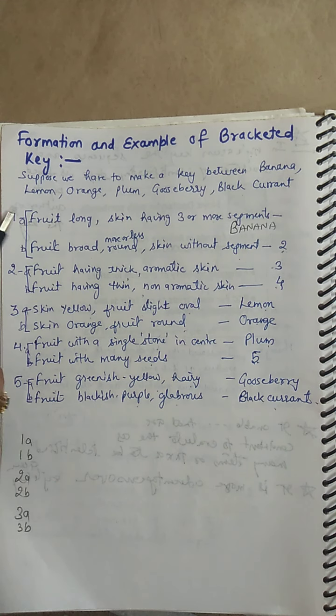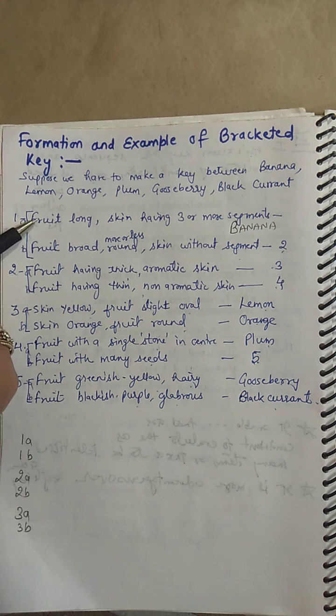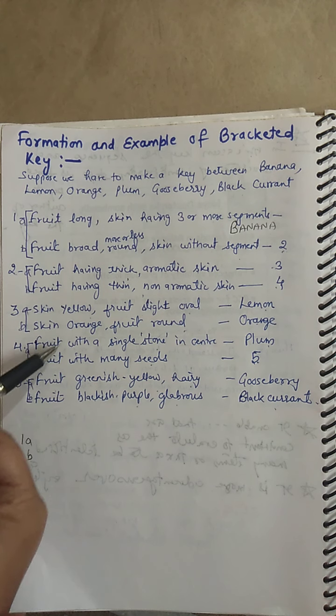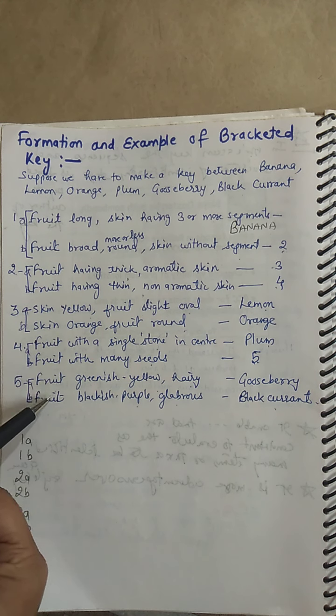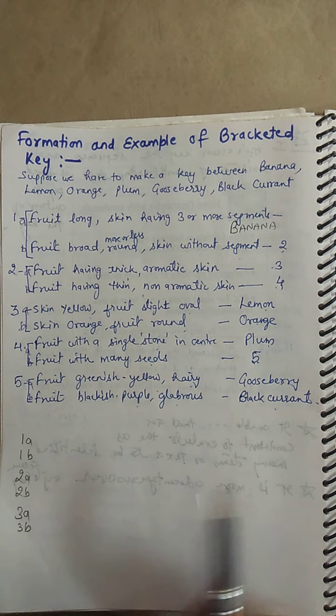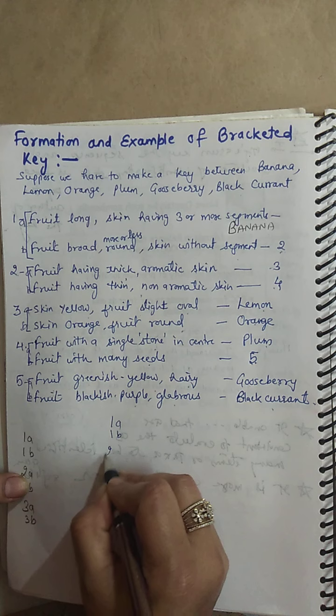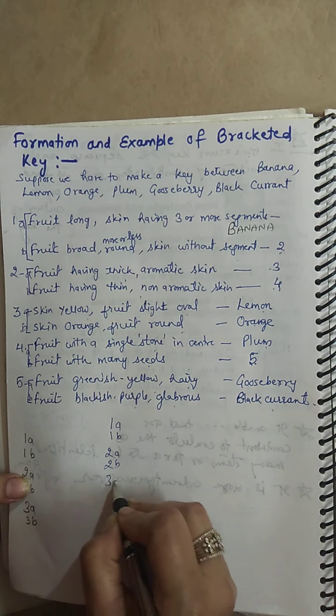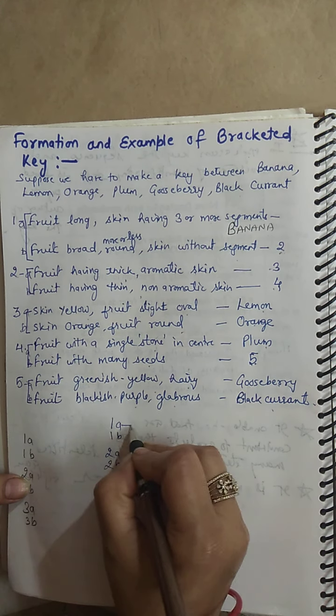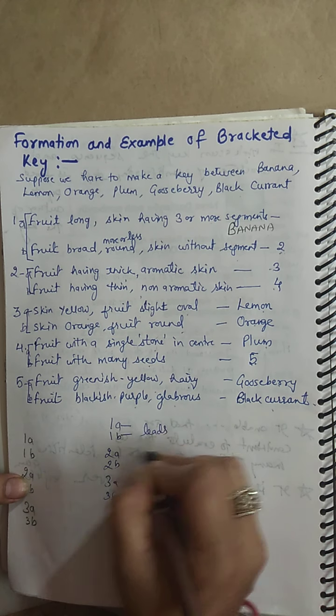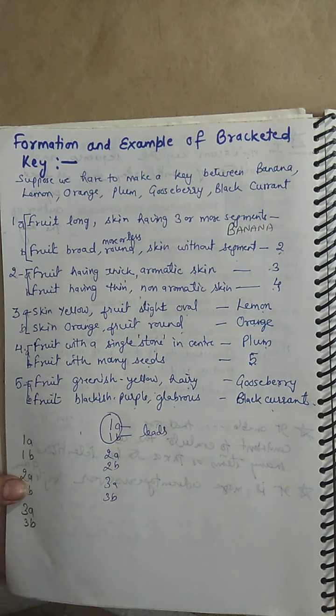In this way we observe that the leads of a couplet are placed side by side, one after another. So it is like 1A, 1B, then 2A, 2B, 3A, 3B. A and B are the leads, and they form the couplet.